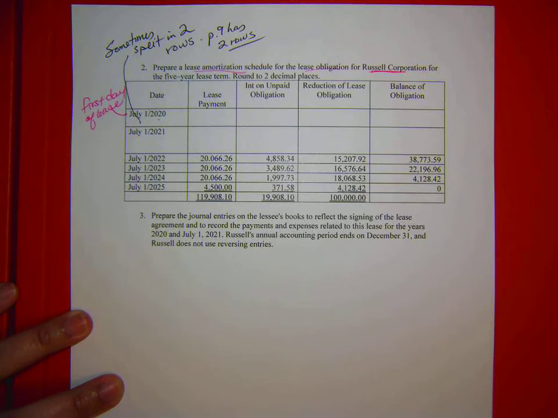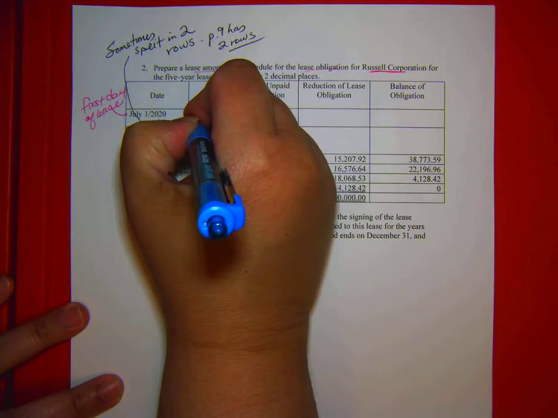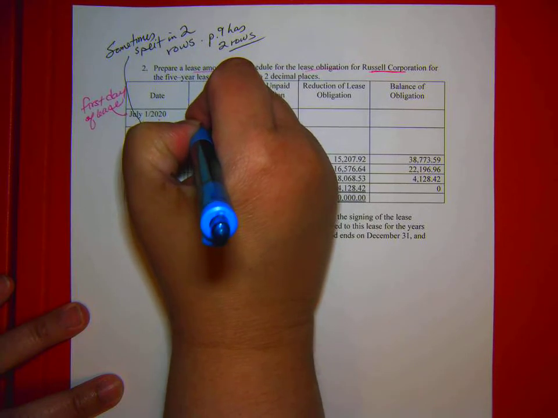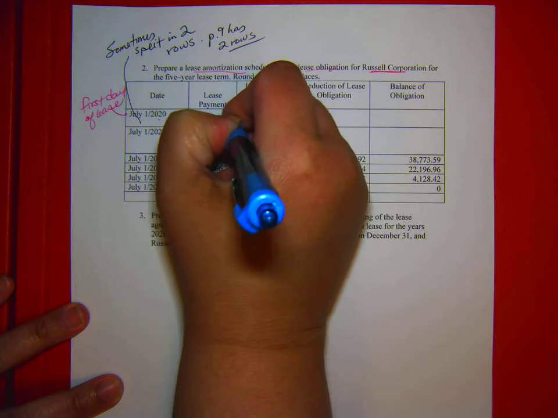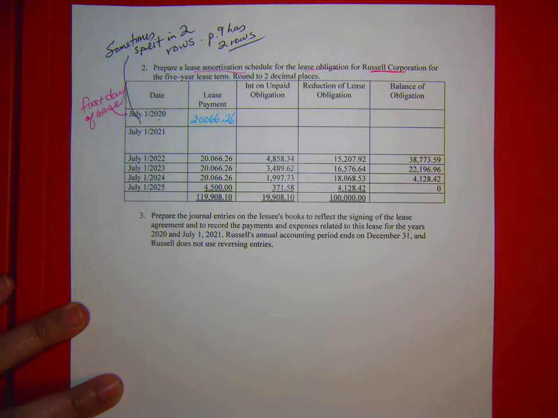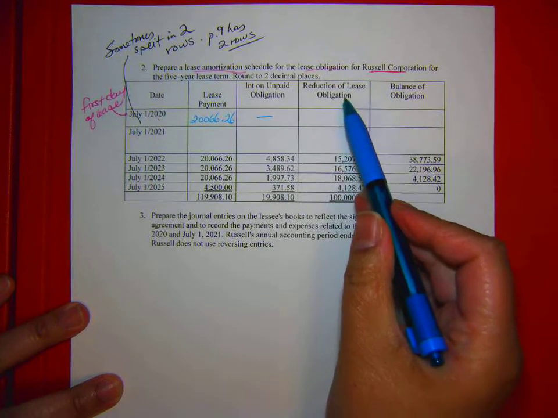Okay, so our lease payment from the page previous is $20,066.26. Now, since we're paying up front, is there any interest accrued? It's the first day. No. So that means all of it will go to the principal.